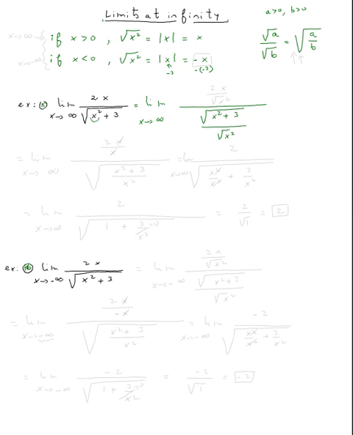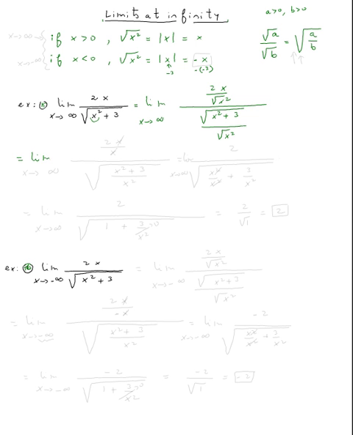We do the same thing for the numerator. Whatever we divide the denominator by, we have to divide the numerator by. Right? Now, why do we do this? This is why we're doing it.